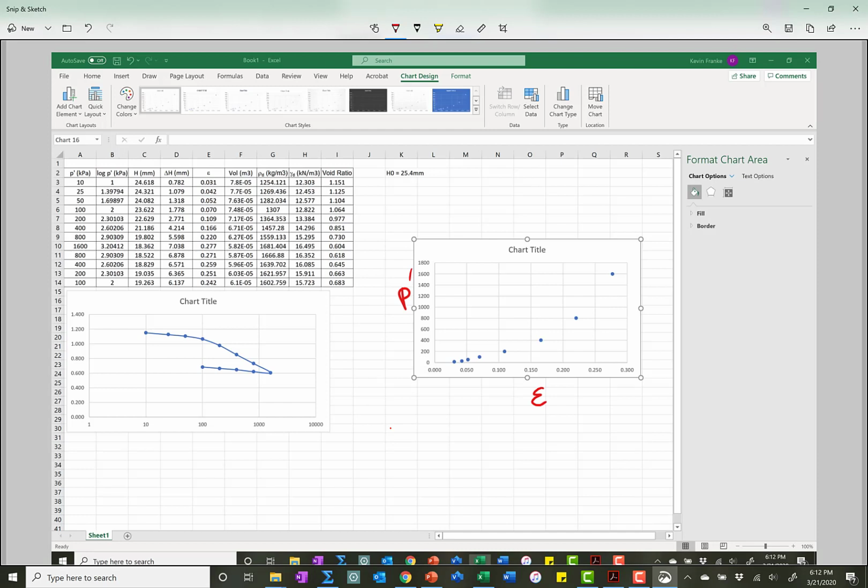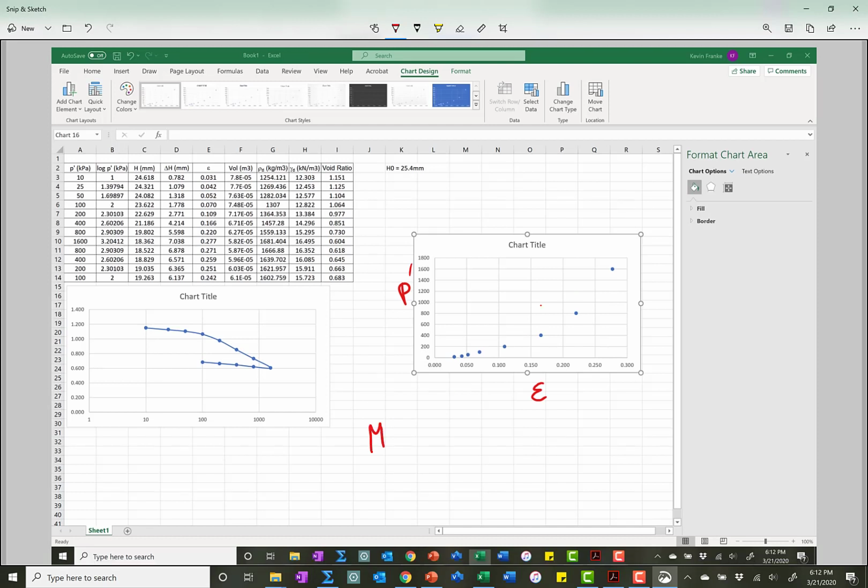You can see that as I increase my strain, that corresponds to an increase in the mean stress in the soil. Now, you're going to recall that the tangent modulus is equal to the change in stress over the change in strain, or change in P prime over the change in strain.